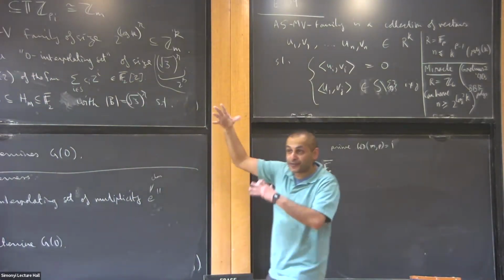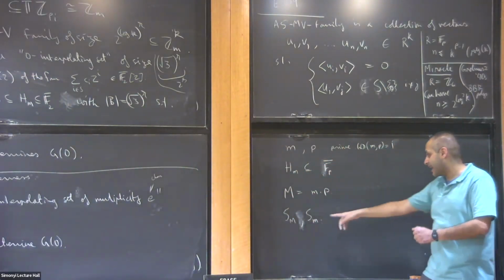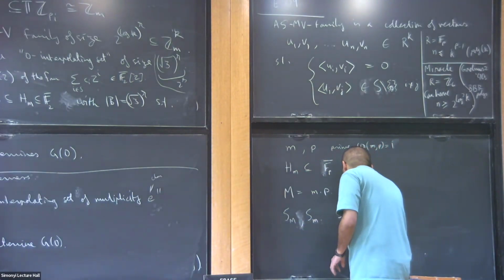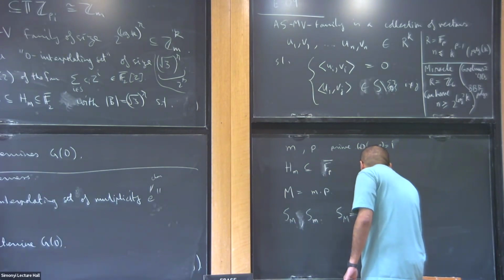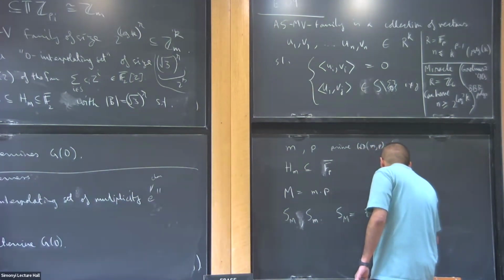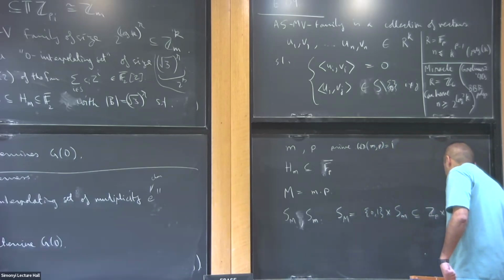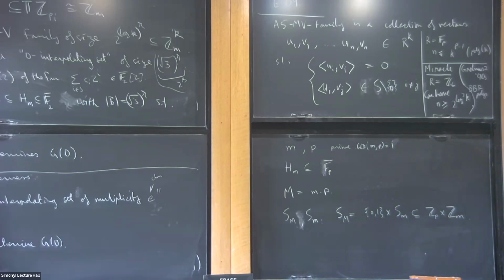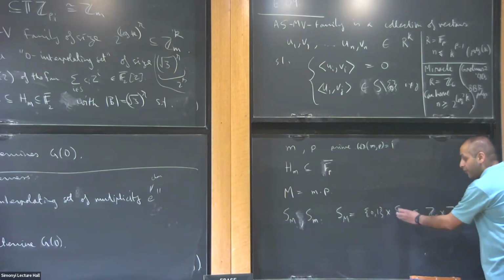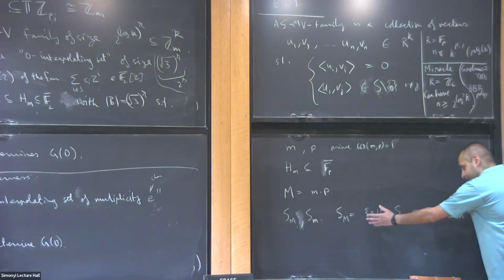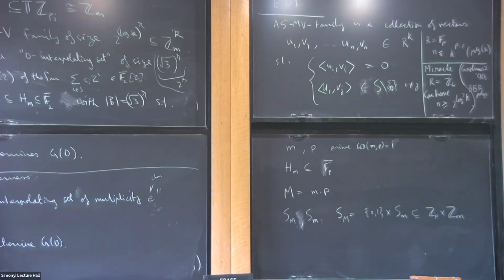It's also that set, except it's the analogous construction mod capital M. By the way, S capital M is the same as 0, 1 cross S little m sitting inside Z_P cross Z_m. S little m is just 0, 1 to the R, modulo all the prime factors. This is another 0, 1 mod P, and that's what S capital M and S little m are.